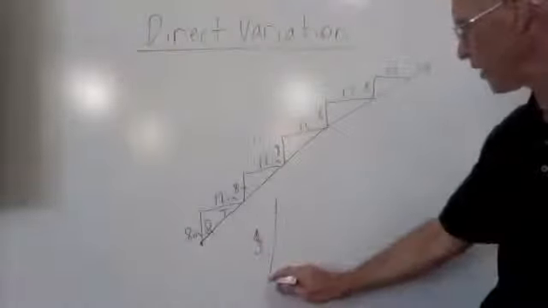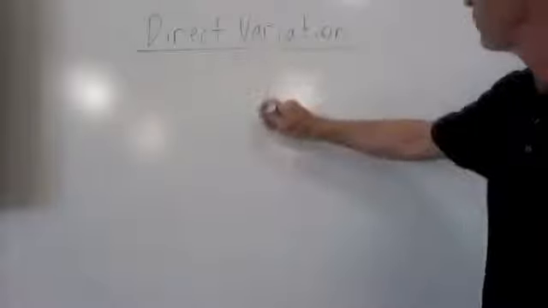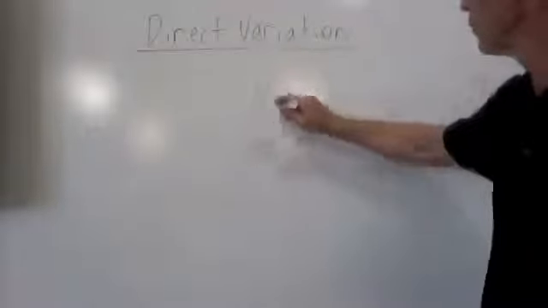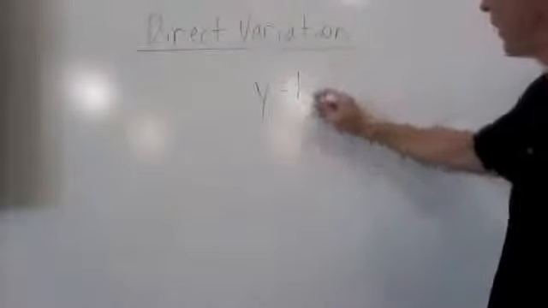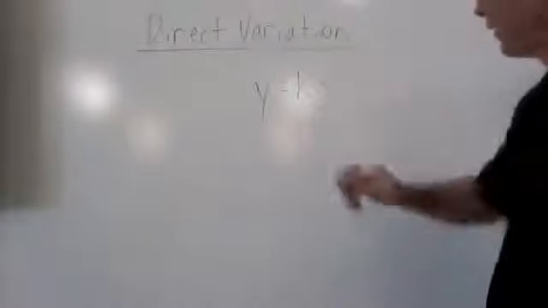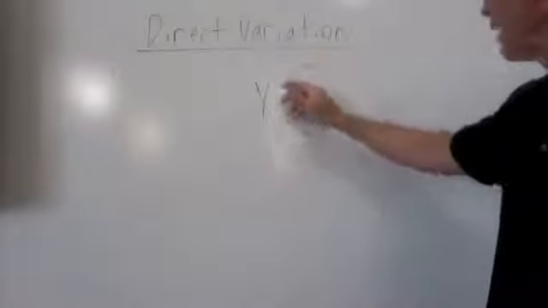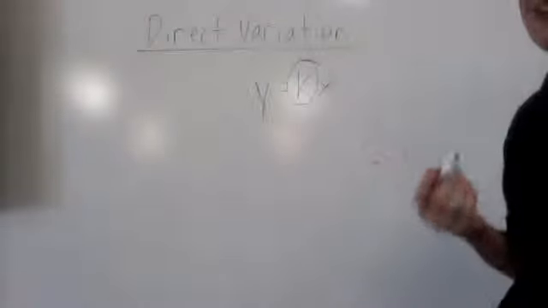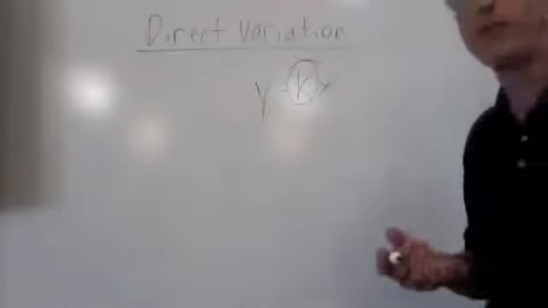Let me try to make that a little more plain. Direct variation is always going to be in the formula y equals k times x. X and y you already know. Those are just points on a graph. The k, I don't know why they use a K, I think it might be from the German or something else.